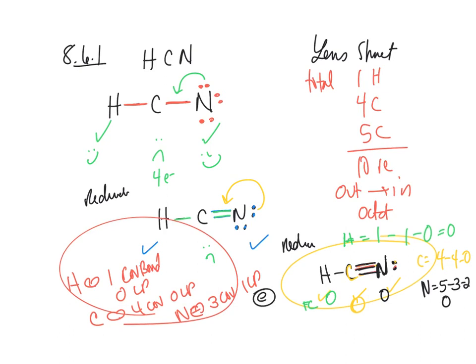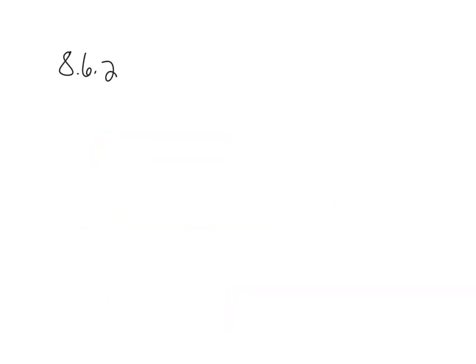Okay, let's do 8.6.2. Which of the Lewis structures shown is most likely preferred for NCO minus? Okay, so that's my connectivity, and we're going to do the total valence electrons.